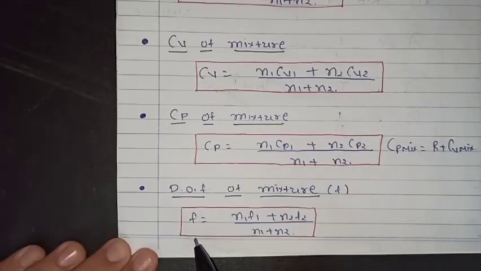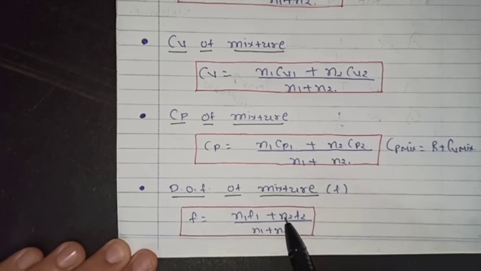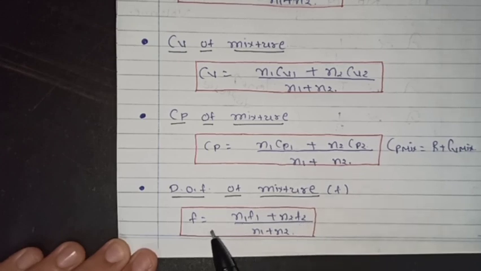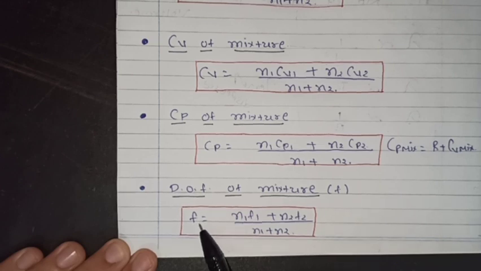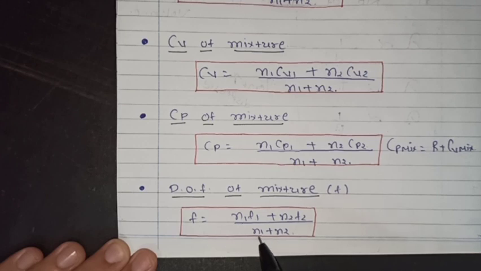Same way, if we want to find the degree of freedom of the mixture, we have N1 moles having degree of freedom F1 and N2 moles having degree of freedom F2. Then the degree of freedom of the mixture will be (N1 F1 plus N2 F2) upon (N1 plus N2). Let us take one example on these three formulas.